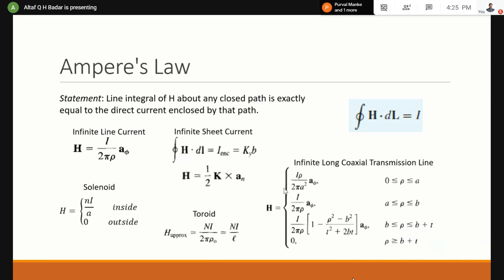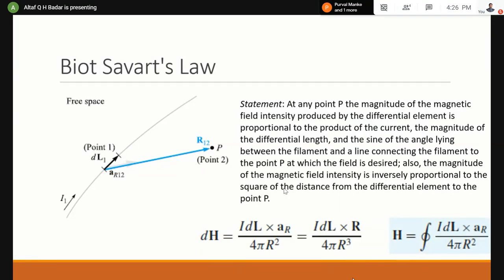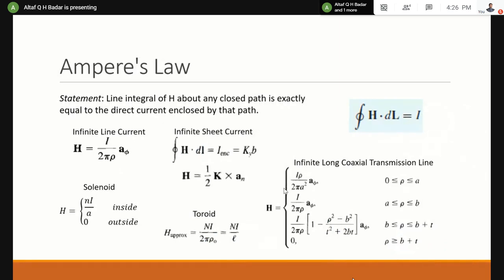So the statement of Ampere circuital law is line integral of H, that is, as we saw in the previous derivation, the magnetic field intensity. So the line integral of magnetic field intensity about any closed path, which is given by that integration sign, is exactly equal to the direct current enclosed by that path here. If we just have a look again, this is something similar to Gauss law.